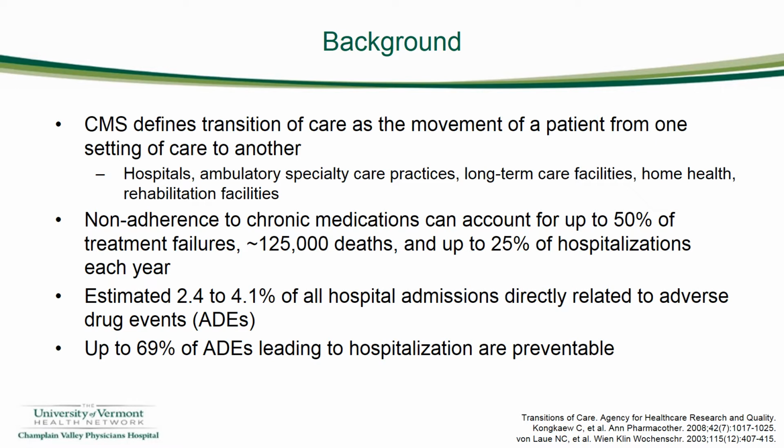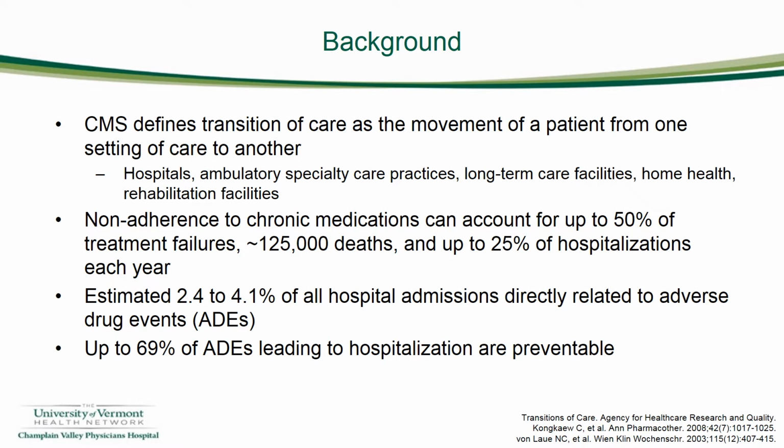Where a pharmacist might have an impact, being the medication expert on the healthcare team, is that focus on the medication aspect of transition of care, which can be a very problematic area.